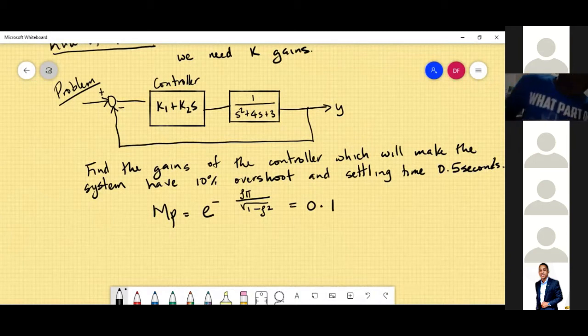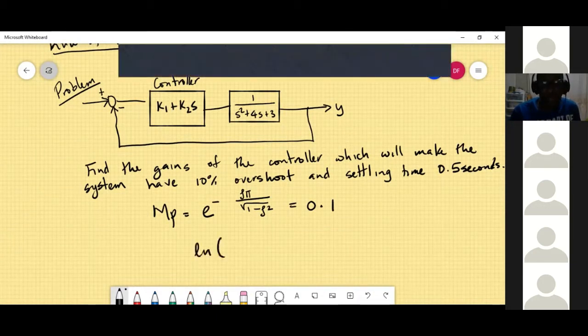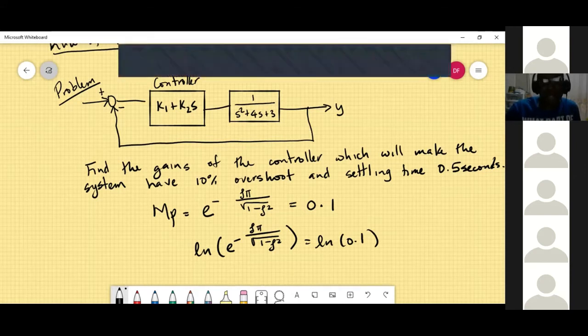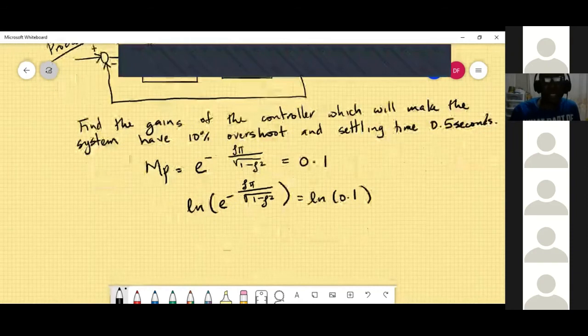So tell me how we go about solving this problem now. So ln both sides. All right, so ln both sides. And if we ln both sides, then what is in the exponent will come out.